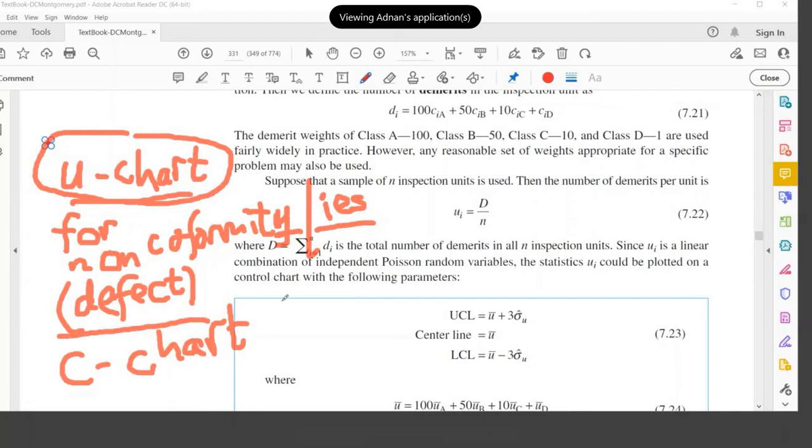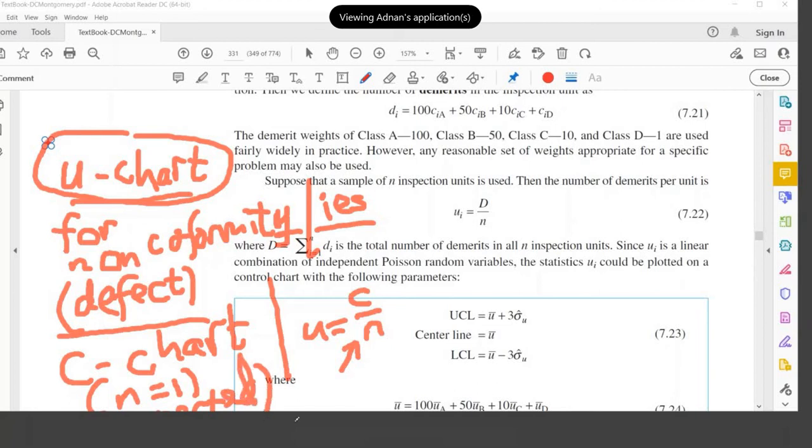Sebab U adalah C divide by N. So N bagi U chart normally is a big size. Kalau untuk C chart, N-nya adalah equal to 1. We call it inspected unit. Jadi kalau salah pilih chart, semua salah lah. We cannot help lah.